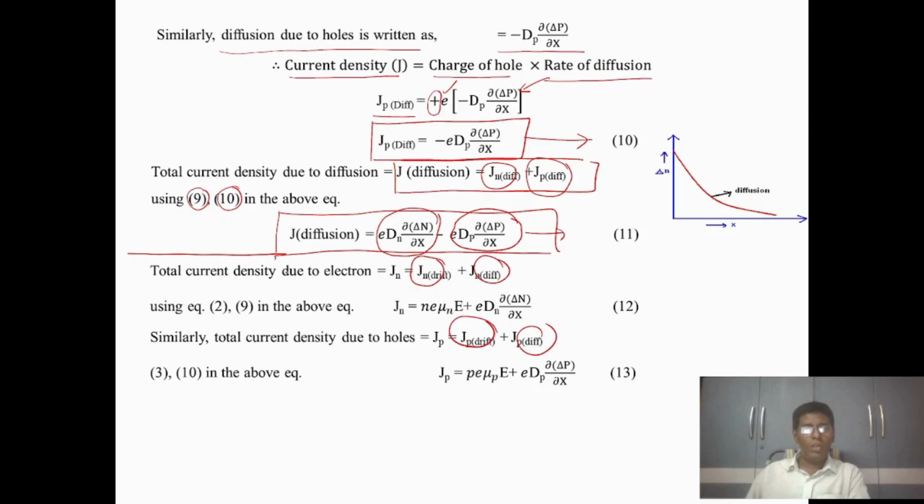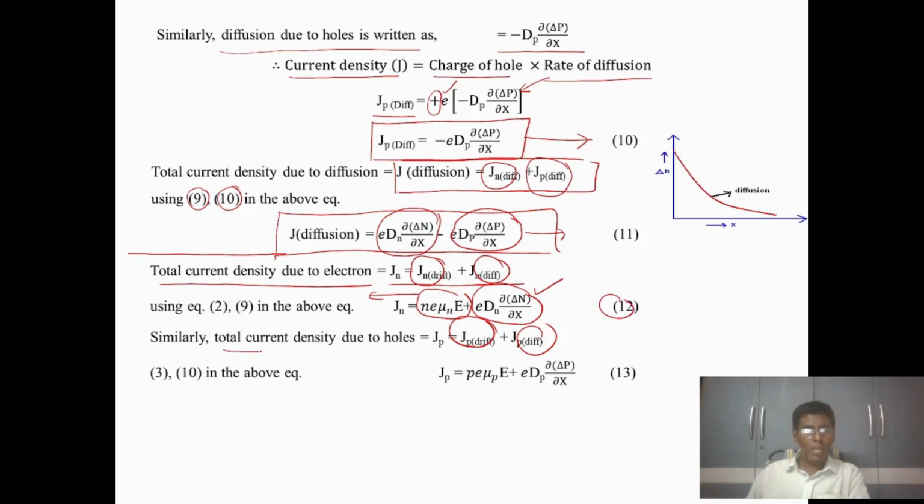The total current density due to electrons is Jn equal to Jn drift plus Jn diffusion. Jn drift is n e μn E, plus Jn diffusion, which means e Dn ∂Δn/∂x. We already derived the diffusion term in the diffusion process, and the drift term in the drift process. So combining the two equations, we get equation number 12.